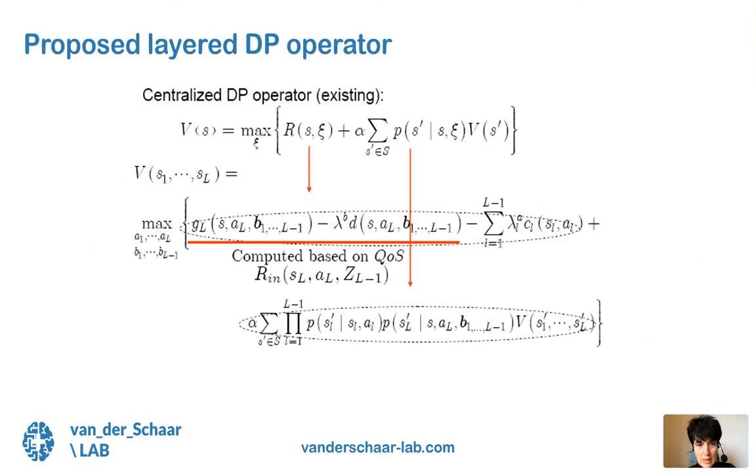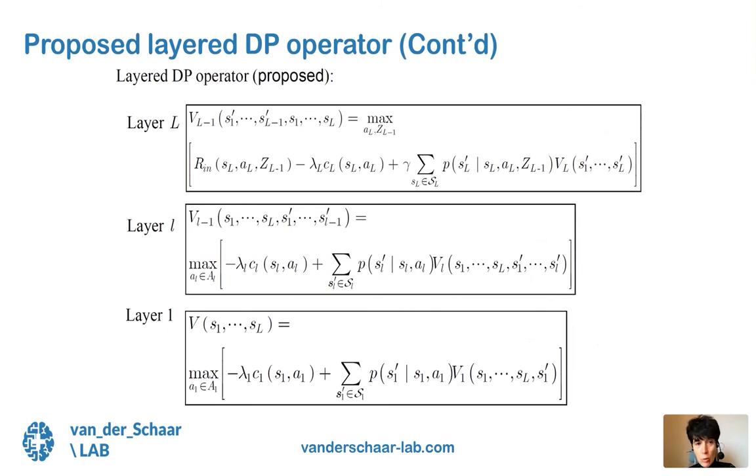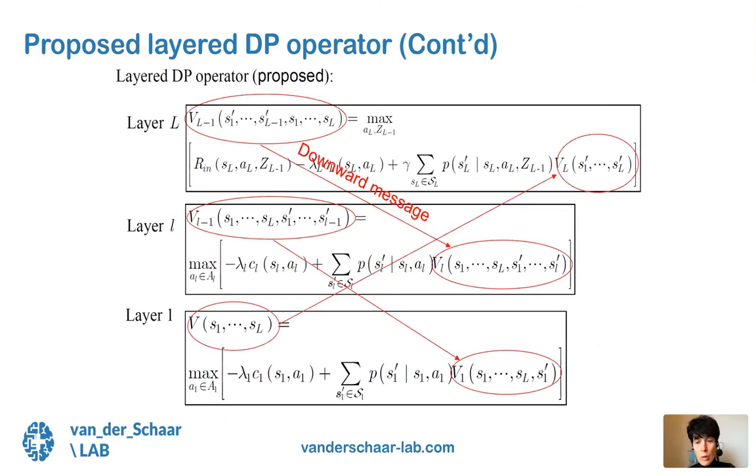The centralized DP operator is now going to be decentralized by this procedure, in which we are on one hand coming up with upward messages that are providing information about the quality of service provided by the layers below. And then the higher layers are going to select the operating point they would like by providing downwards messages which select the operating point. And this is determined on the basis of the value function at that layer.